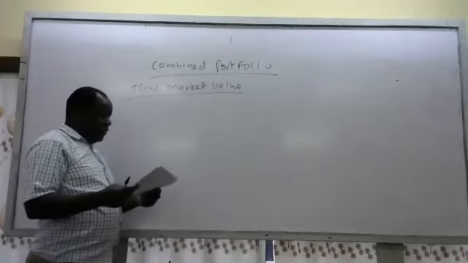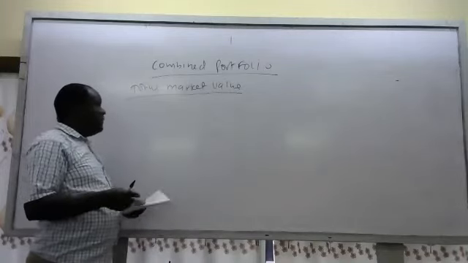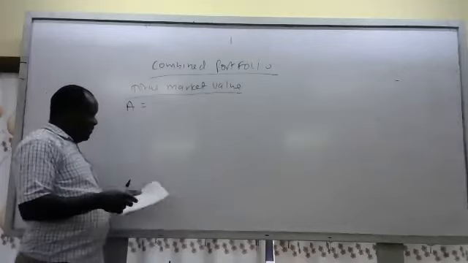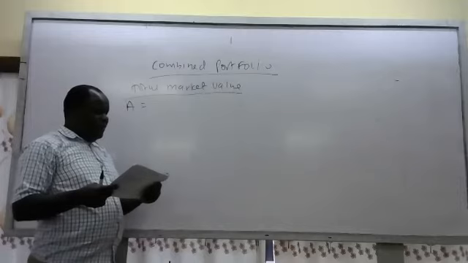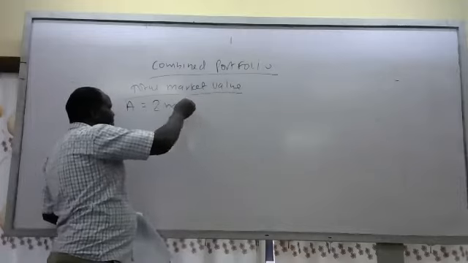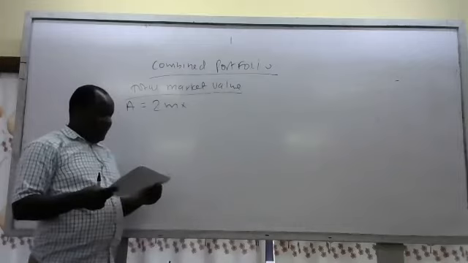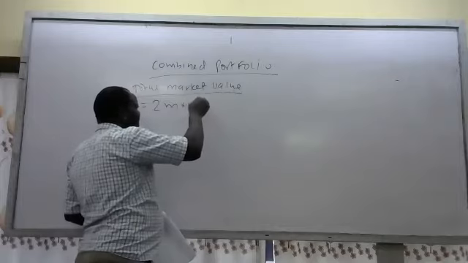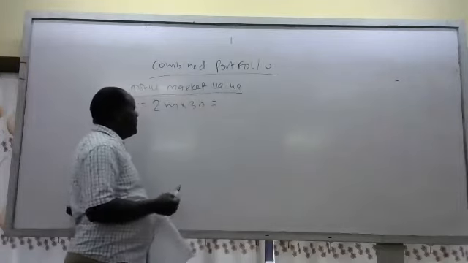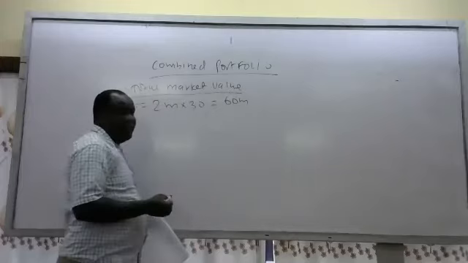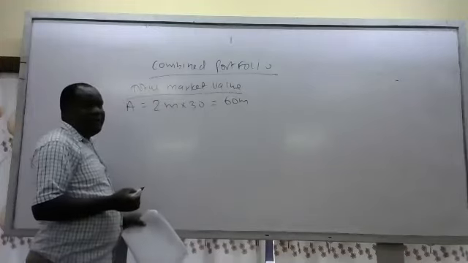To get the total market value, you can see stock A: they gave you 2 million shares. We take 2 million shares multiplied by the market price per share, which has been given as 30. That should give you 60 million.